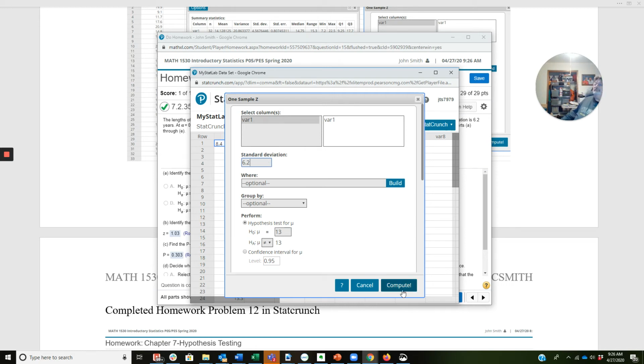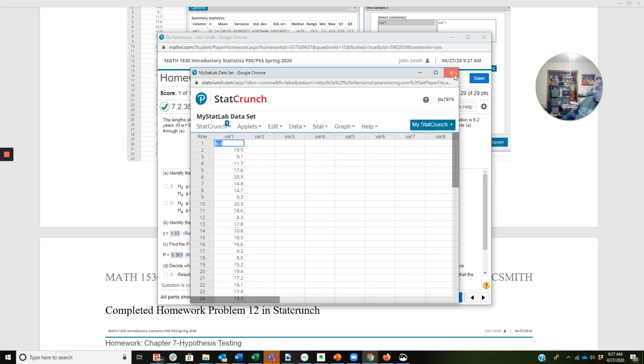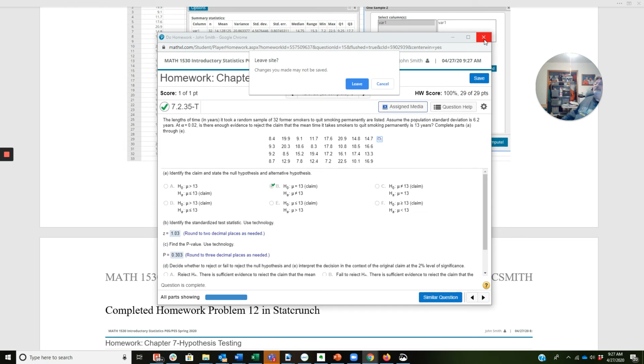And when I click compute, again, I get a z-stat of 1.03 and a p-value of 0.303. So that is enough to answer all the questions that I have going forward. Let's go ahead and close this and go back to our document.